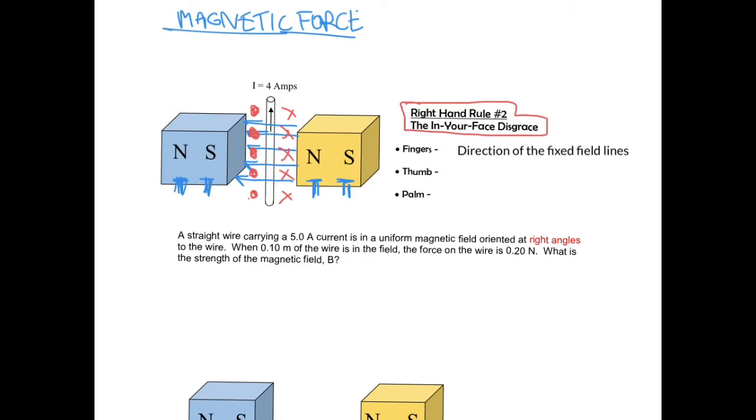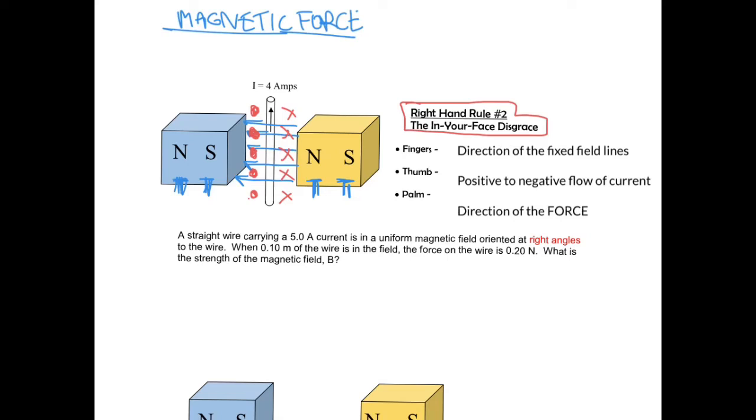Lots of fingers, lots of field lines. Your thumb is going to be the direction of the current, so I'll say positive to negative, in other words, our convention, positive to negative flow of current. And then your palm is going to indicate the direction of the force.